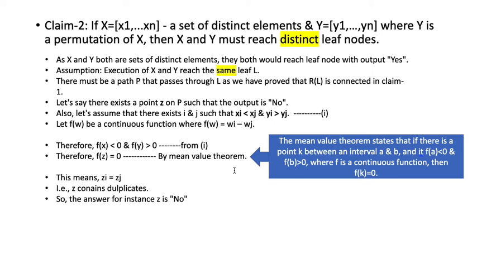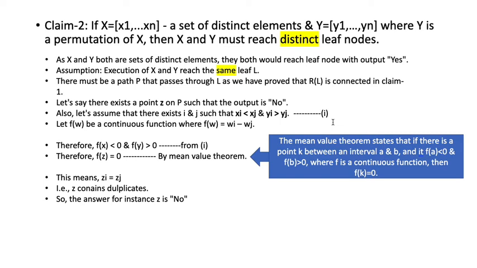Now, for the sake of this claim, we are also assuming that there exist i and j such that x of i is less than x of j and y of i is greater than y of j. We'll mark this condition as 1 and we'll use it for the next steps. Also, we are assuming f of w as a continuous function, where f of w is nothing but wi minus wj.